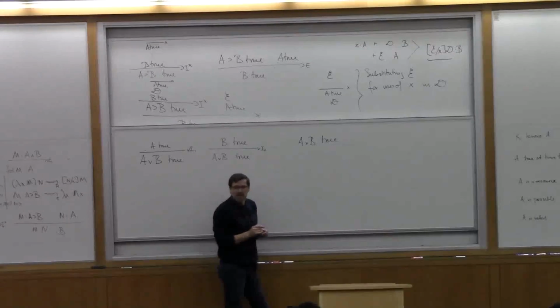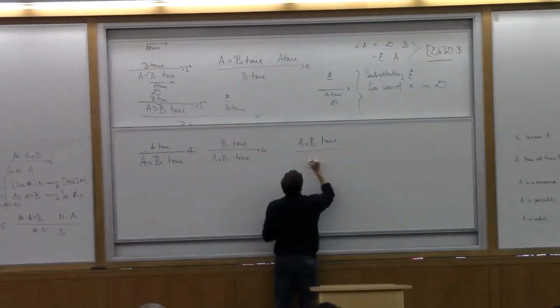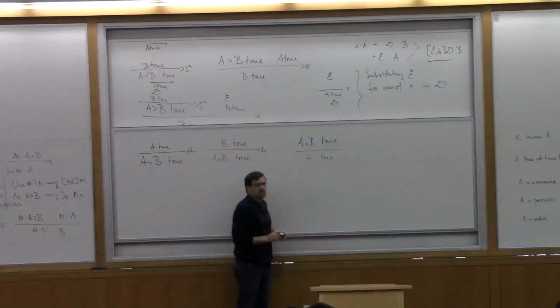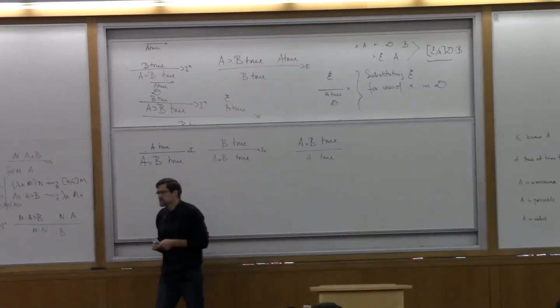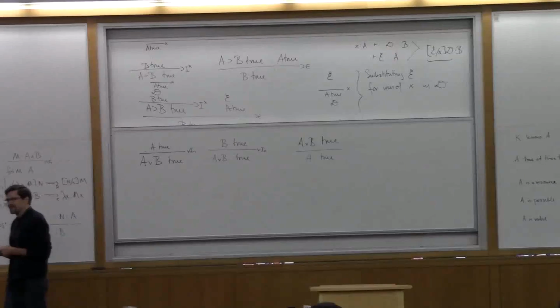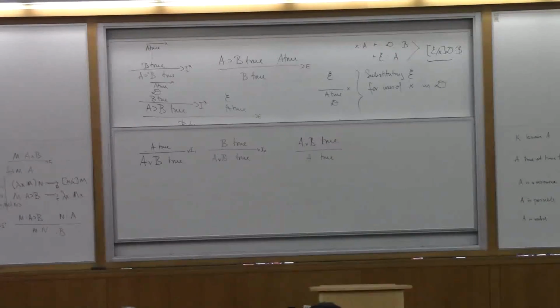So here's a straw man. I'm going to try to prove that A is true from that. You should be very suspicious. Now, how do we find out that this is wrong?